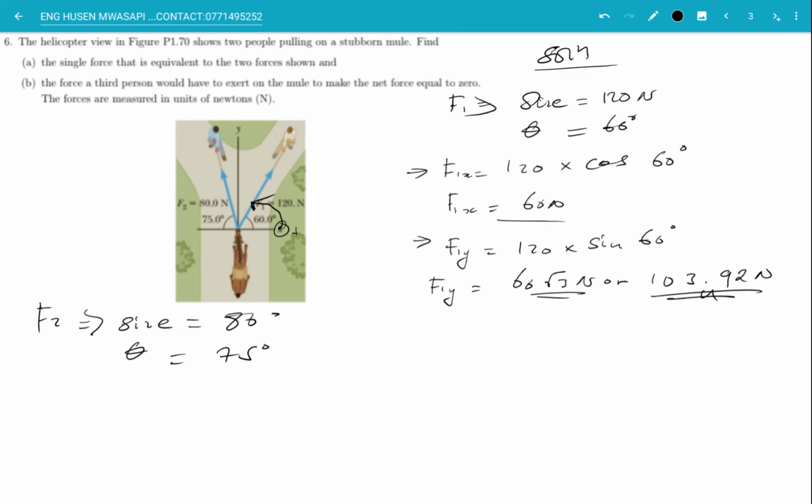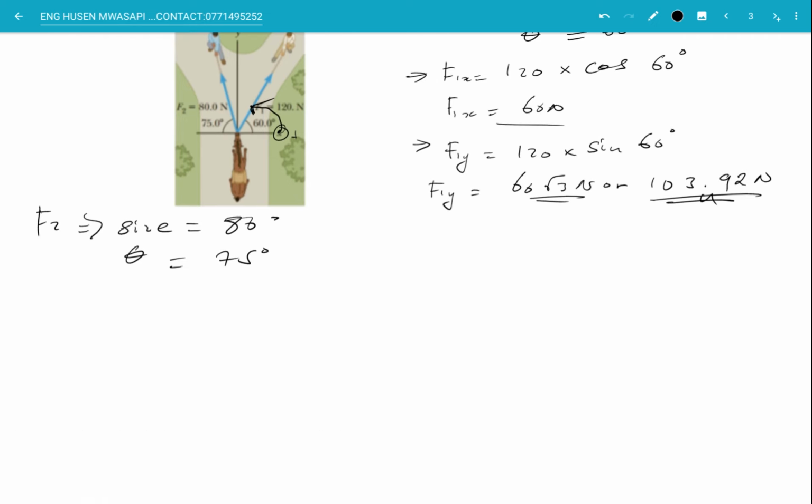So all you have to do now is to find the components of this force. So find the x component of F2. We're going to look for F2x, which will be 80 cos direction. You remember, it's always supposed to be cos for the x component, and sine for the y component. So be mindful about that.